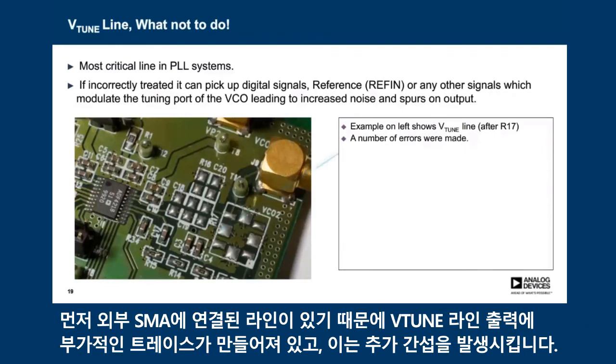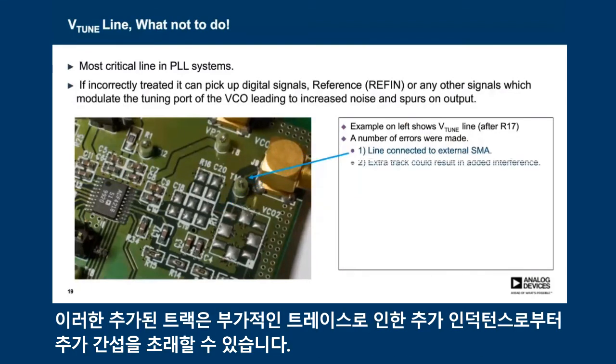So first off, there's a line connected to an external SMA. So there's an additional trace on the output of this V-tune line, which is going to pick up extra interference. But the extra track then could result in an added interference coming from the additional inductance that exists because of this extra trace.